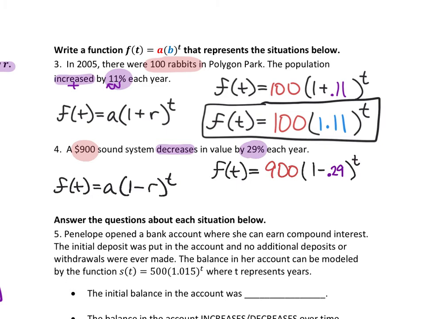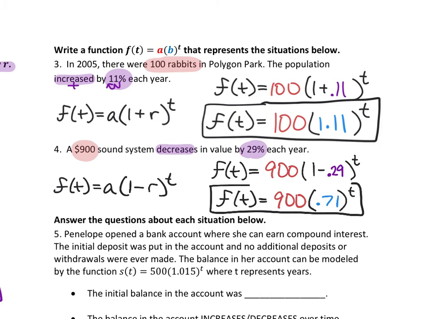And just to finish this up, all I need to do is simplify that parentheses, do that subtraction or addition no matter what it is. 1 minus 0.29 is 0.71. If you don't trust me, consult a calculator. And that is a times b to the t power that represents the depreciation, or how much it's worth later on.